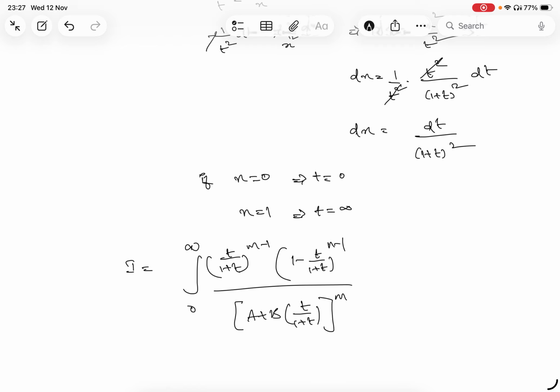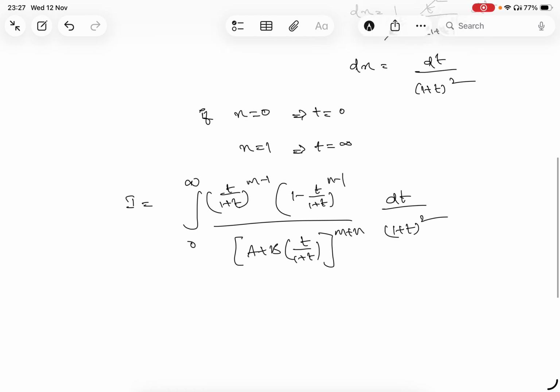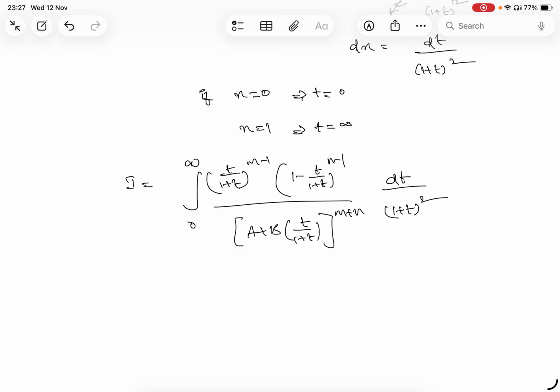Whole power m plus n, into dx, which is dt by (1 + t) whole square, right?